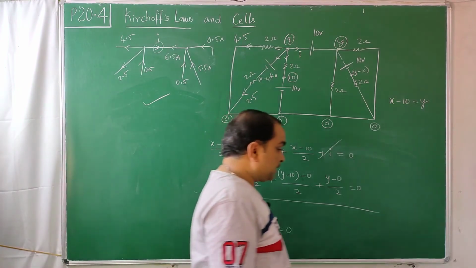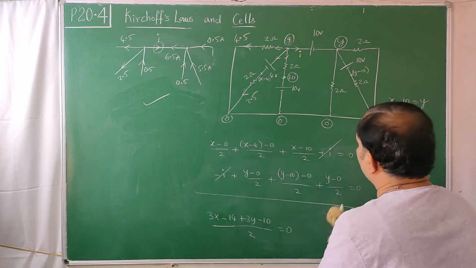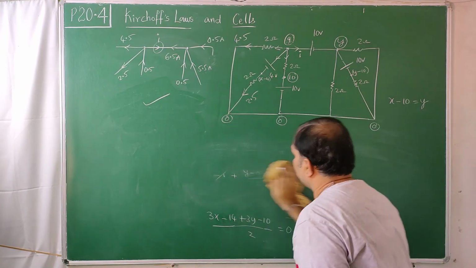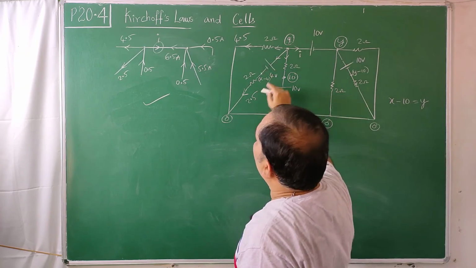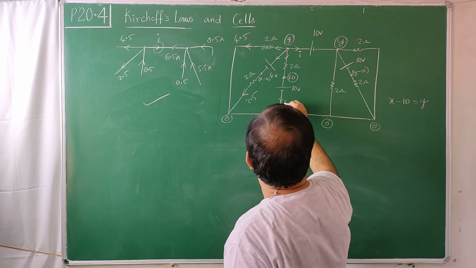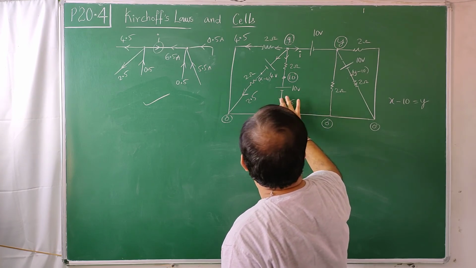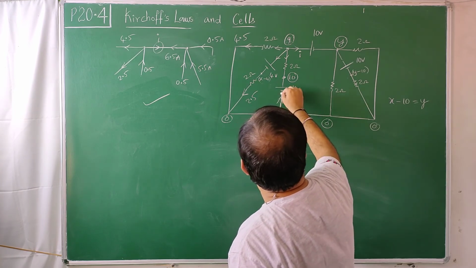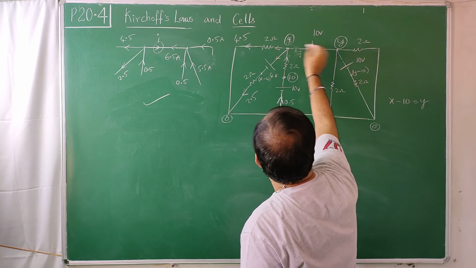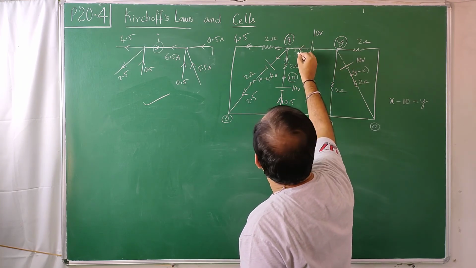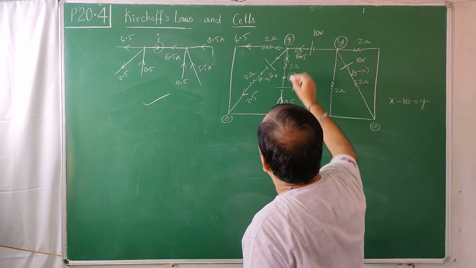So now we finalize everything. 4.5, 2.5, okay. This is 0.5 up. This like this, 0.5 up. This current should be this side, and it should be 6.5.